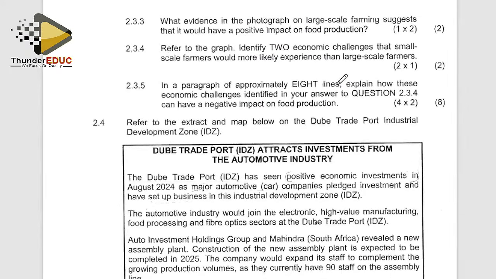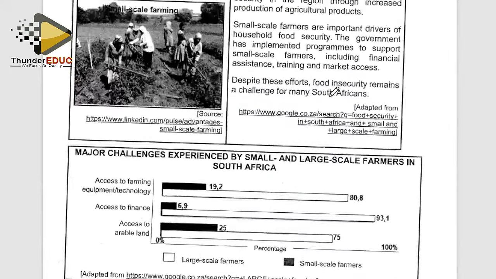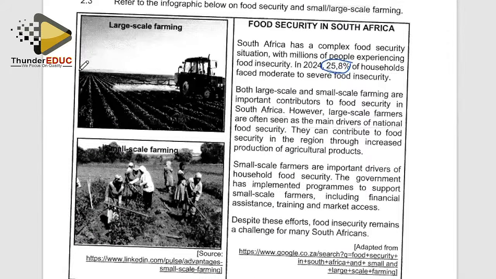What evidence in the photograph on large-scale farming suggests that it would have a positive impact on food production? We want to look at the large scale illustration and try to figure out evidence that large scale can have assurance that you're going to have food security. Right, if we check here, what can we figure out?